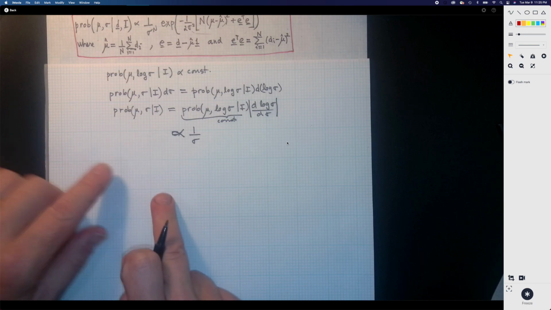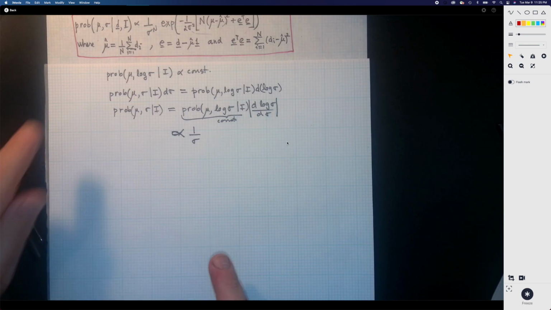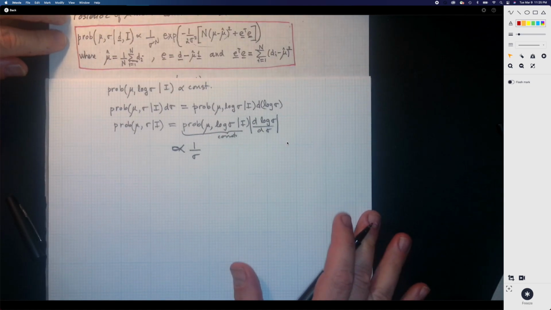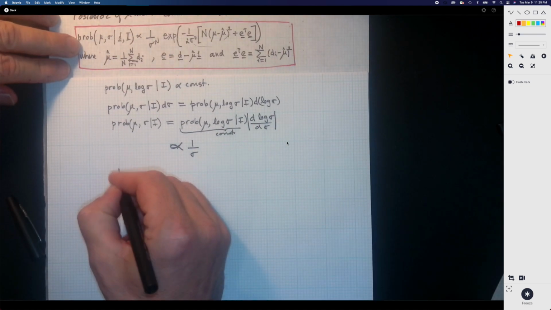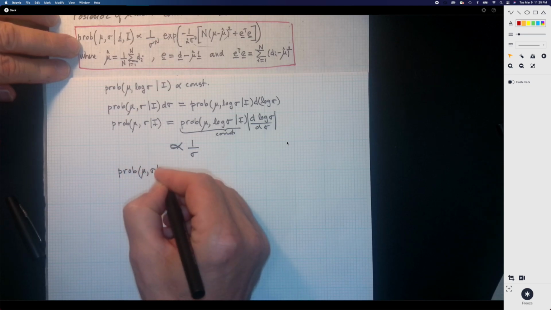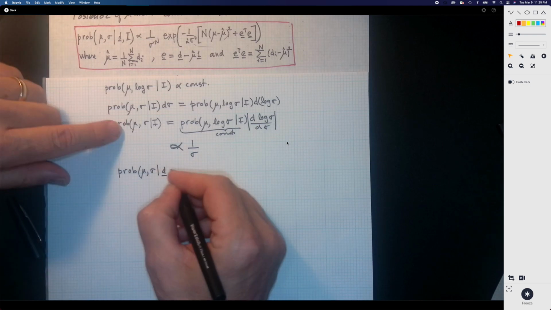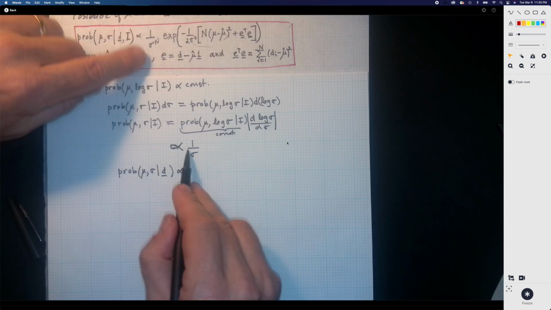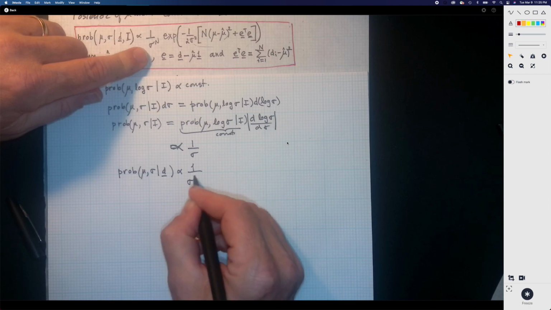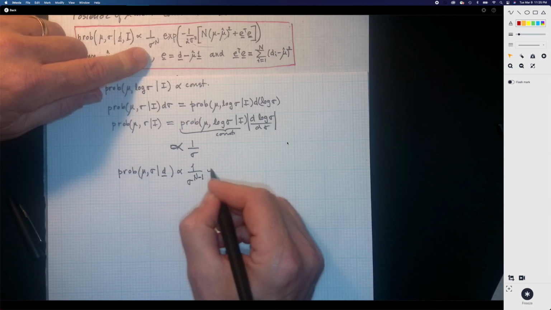So if we did that, then the posterior probability over here would have been, and now we'd have an extra factor of 1 over sigma out here. So this would be 1 over sigma to the n minus 1, and everything else would be the same.